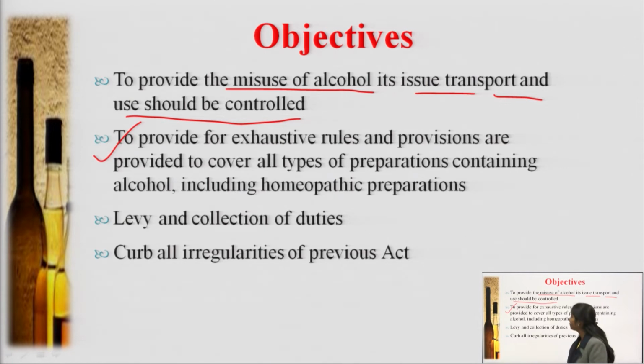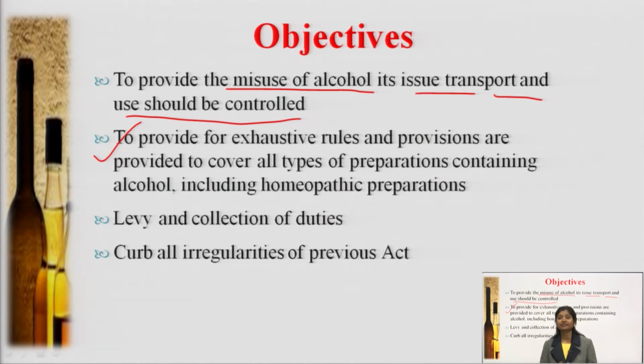Now, coming to the fourth point, we have to provide for exhaustive rules and provisions to cover all types of preparations containing alcohol, including homeopathic preparations. As you all know, while talking about pharmacy, homeopathic, allopathic as well as Ayurvedic preparations, all these three, or you can say the formulations that we use while curing a human body, contain a major amount of alcohol.